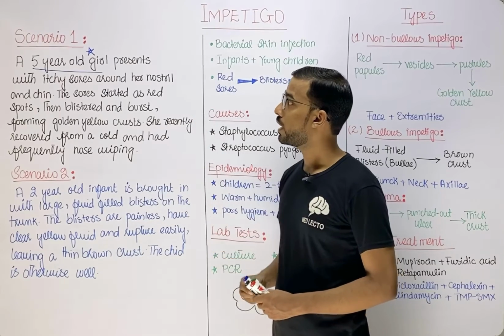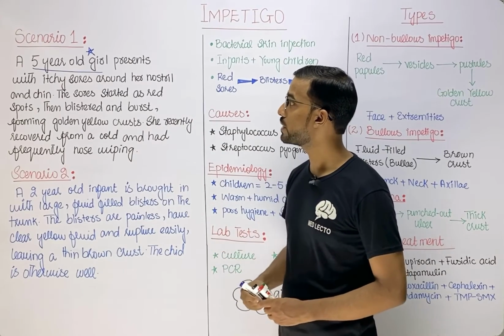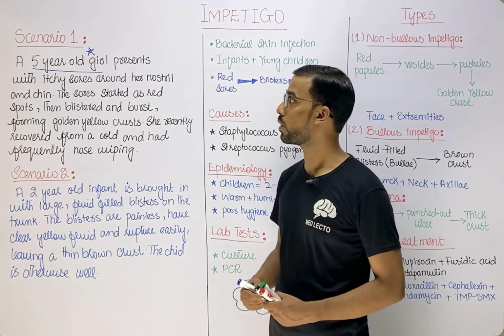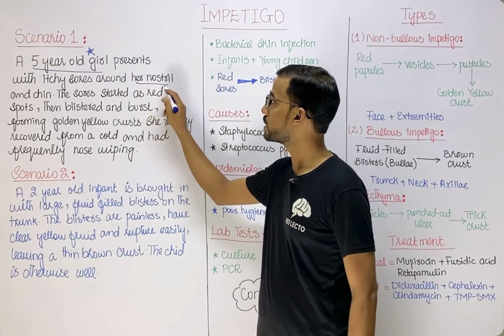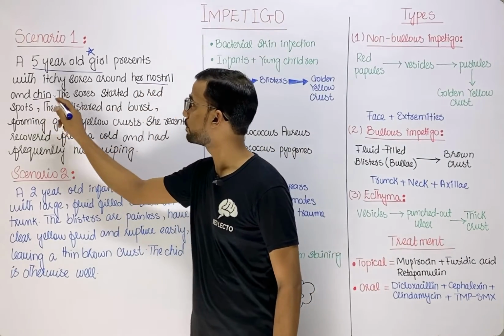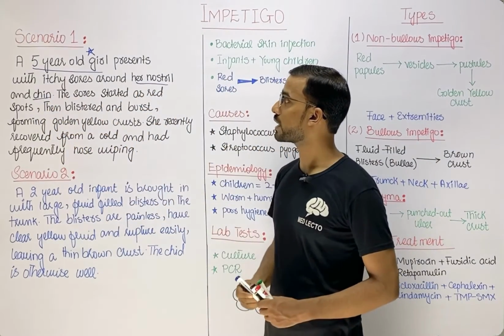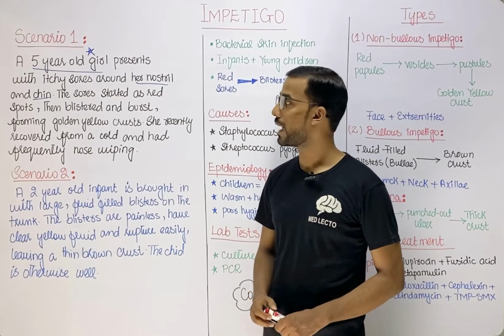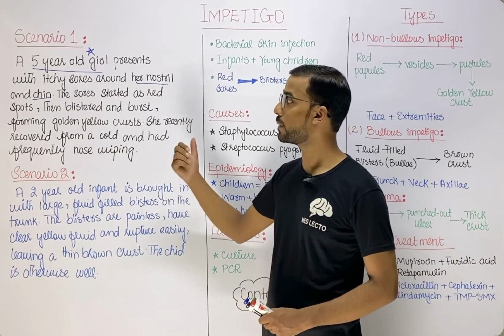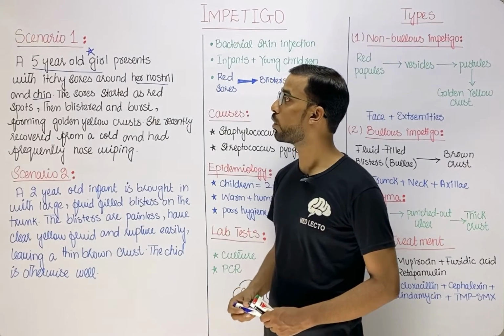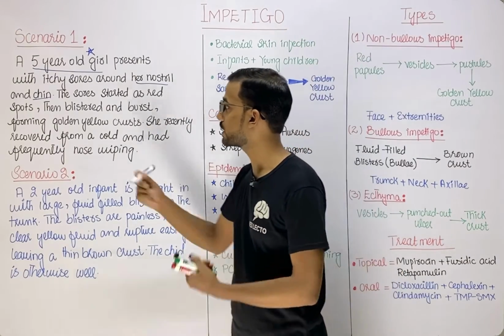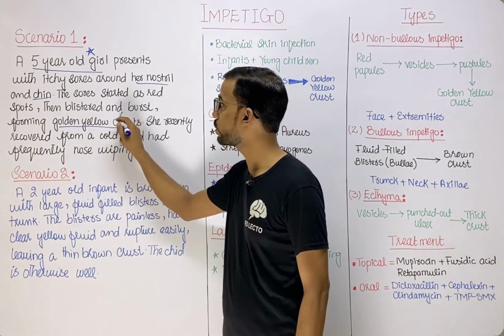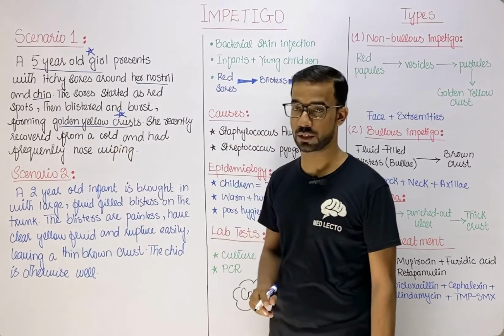Now this girl has itchy sores on her nostrils and chin, and the sores started as red spots, then blistered and burst. After bursting, a golden yellow crust formed. That is another important feature, golden yellow crust formation.